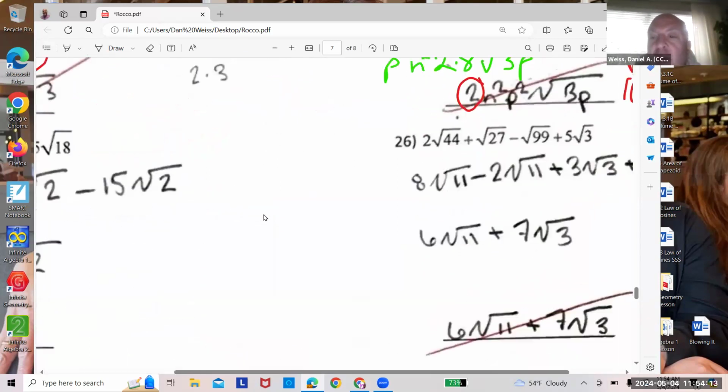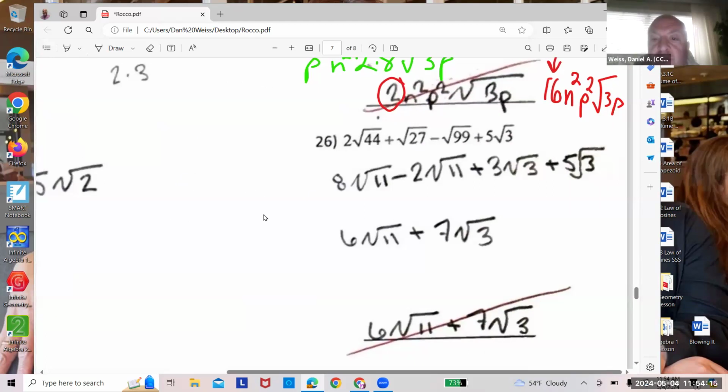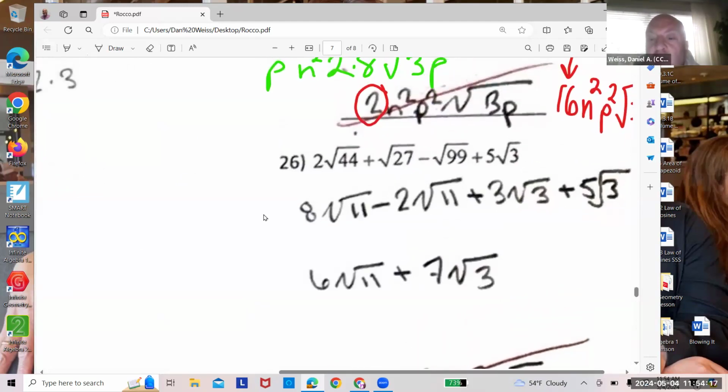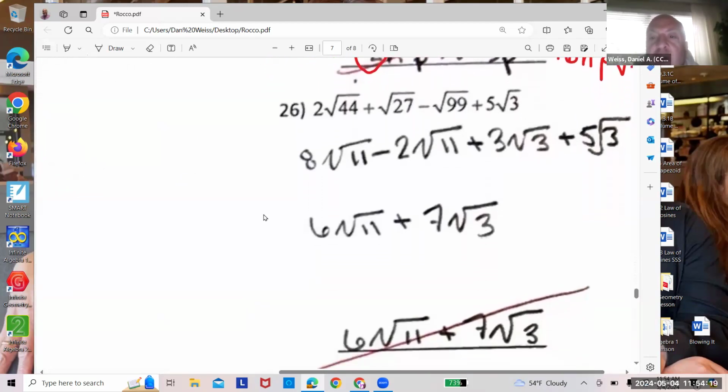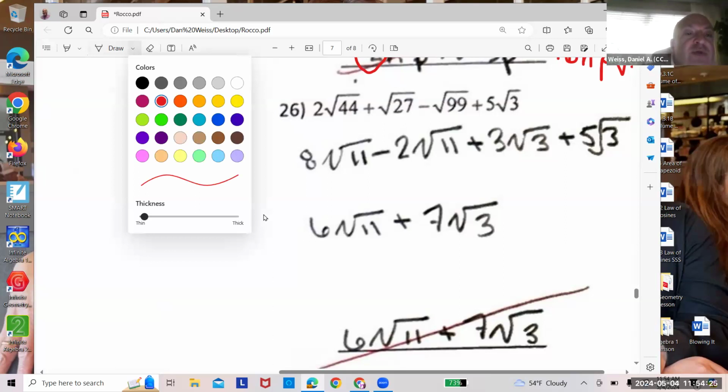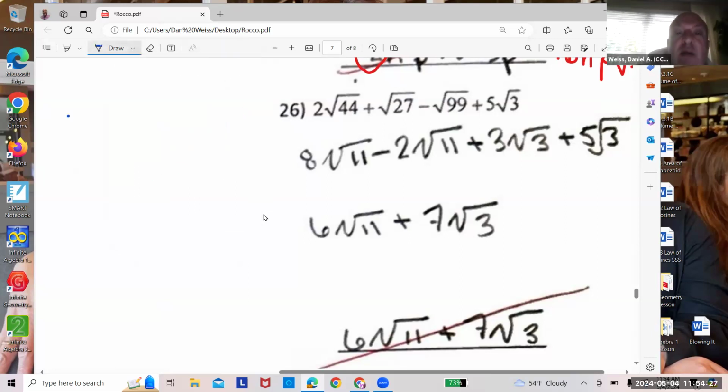All right. What do we got here? Oh, okay. So you said 8 square root of 11, because square root of 4 times square root of 11 is the 2. Here's your problem first.